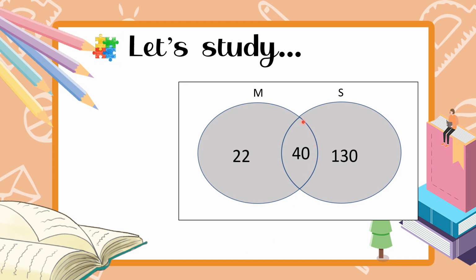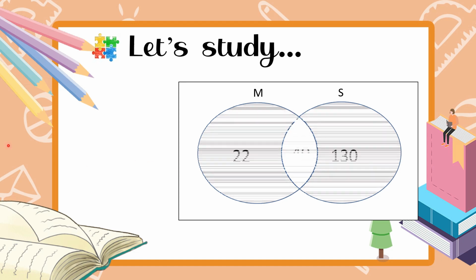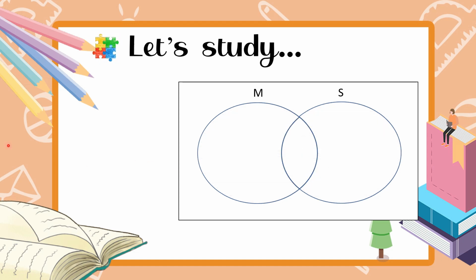So, meron tayong 22 for math only, 130 students for science club only, and 40 students for both math and science clubs. Ang hinahanap natin ngayon ay yung hindi kasali sa math and science club. Okay, so located siya dito sa labas ng ating set M at set S.